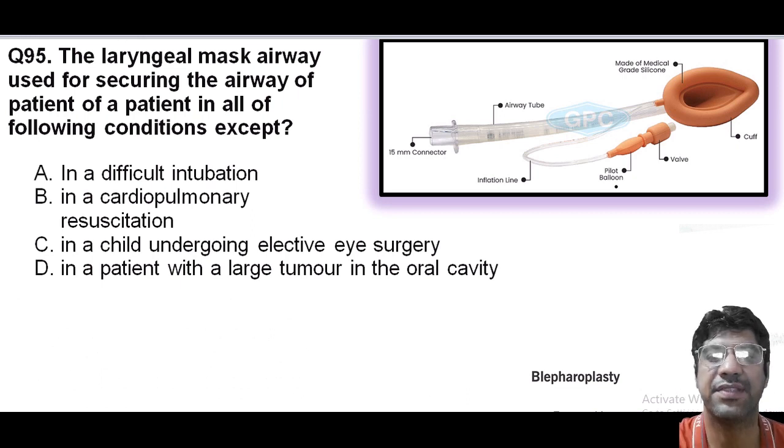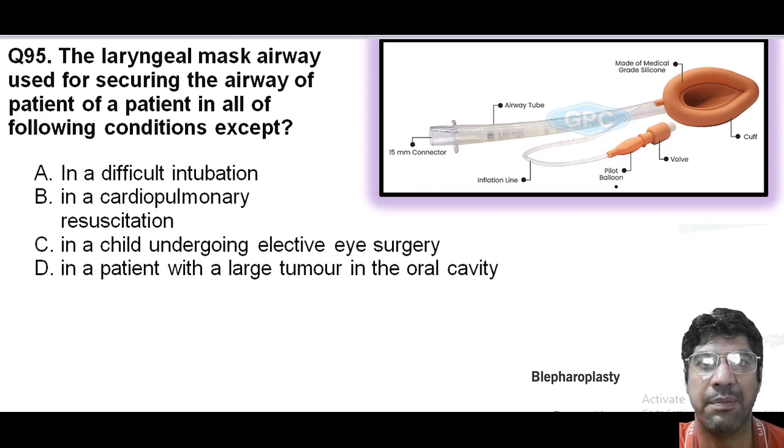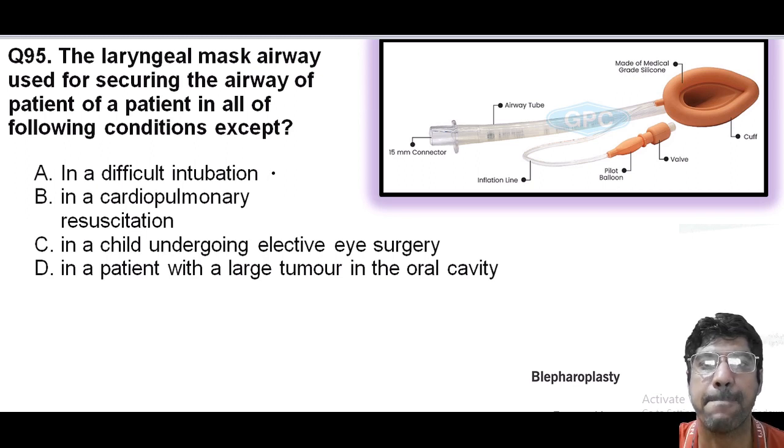The laryngeal mask airway is used for securing the airway of a patient in all of the conditions except. The answer is D. LMA can be used as an alternative airway management in cases where an endotracheal tube is difficult or cannot be achieved.